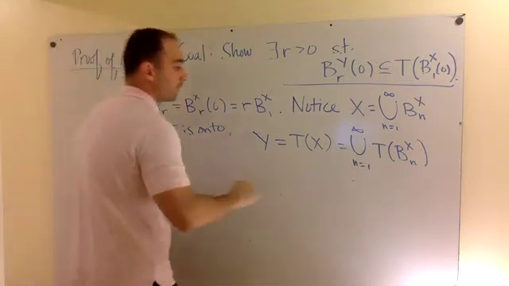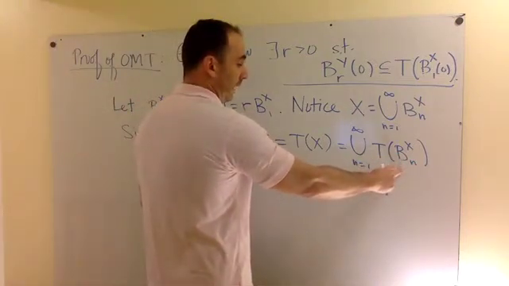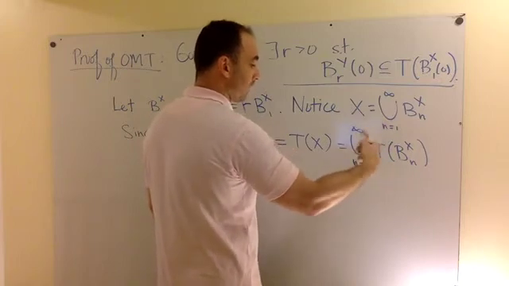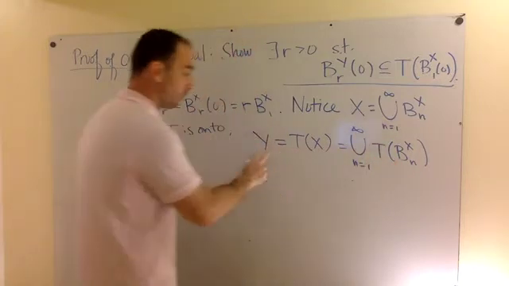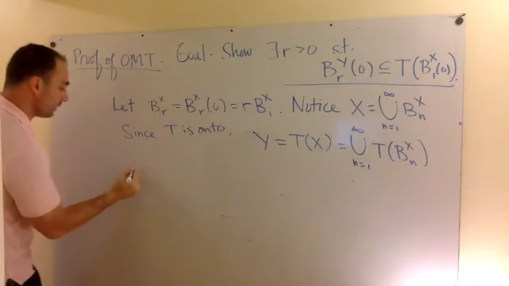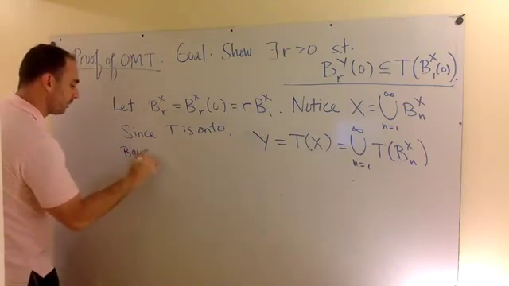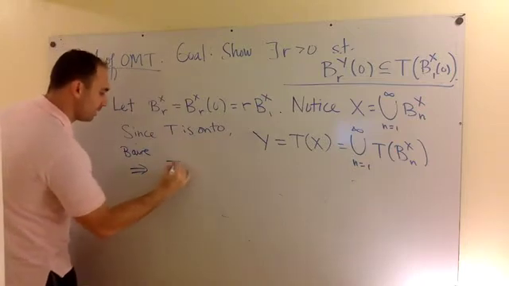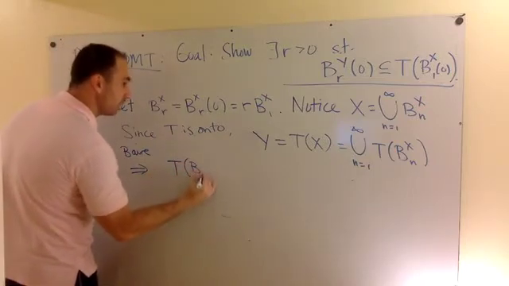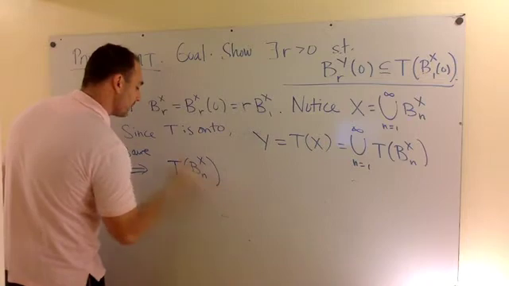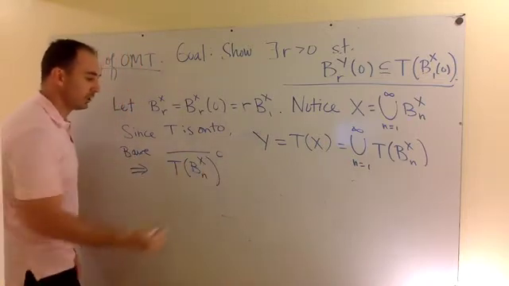So this is a countable union of sets equaling a complete metric space, and so this implies, by the Baire category theorem, that the closure of one of these guys has a non-empty interior.